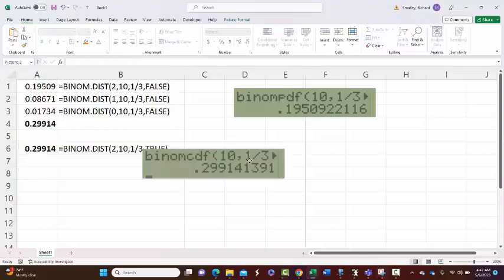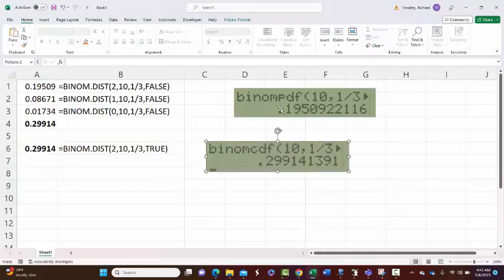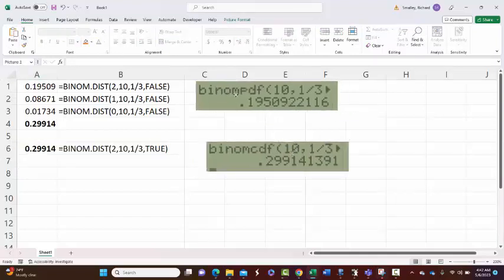So you see this binom CDF command was the same thing as the Excel putting the true in there. The true is equivalent to the CDF.